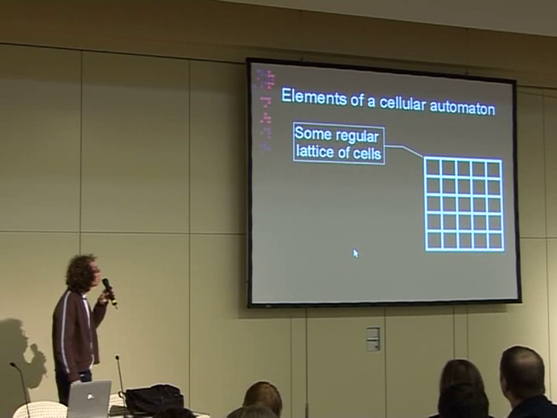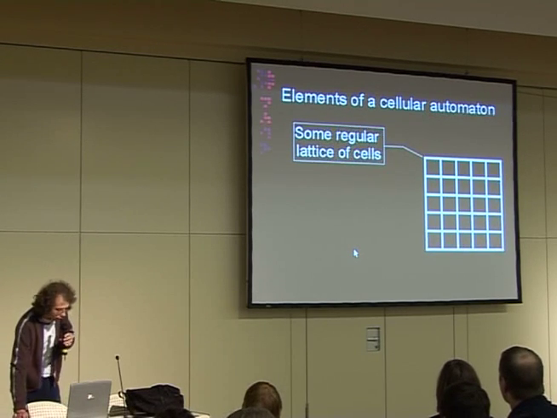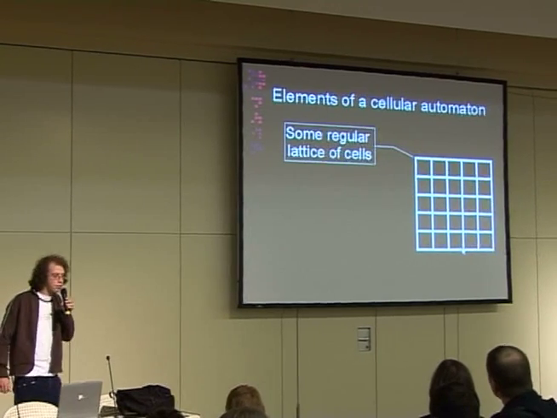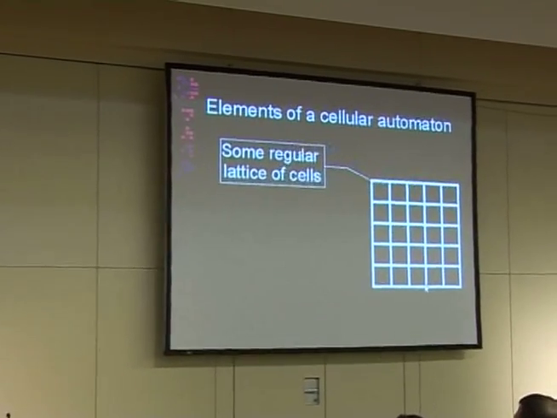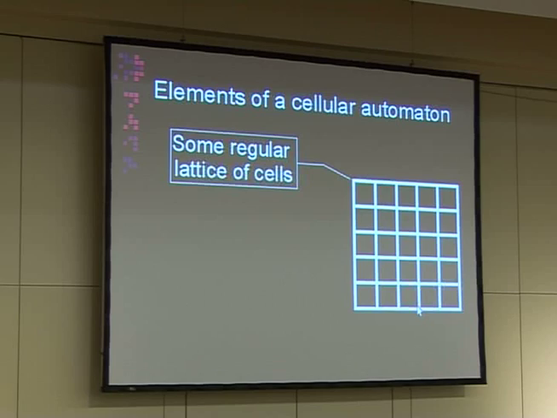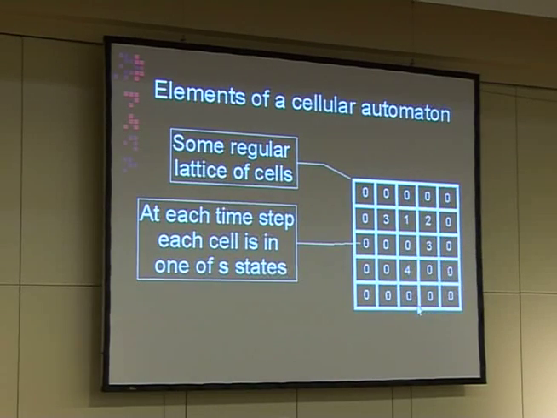So, the elements of a cellular automaton. Some regular lattice of cells. It could be a different lattice, but it has to be regular. At each of these discrete time steps, each cell is in one of S different states.